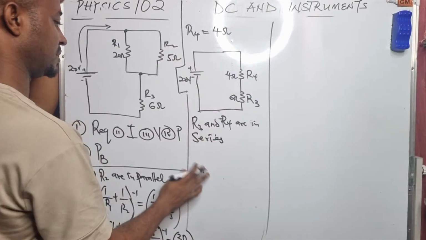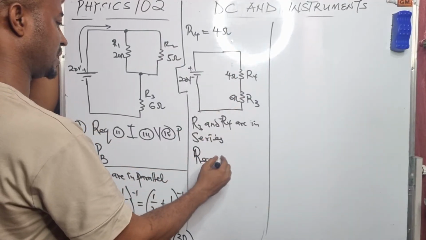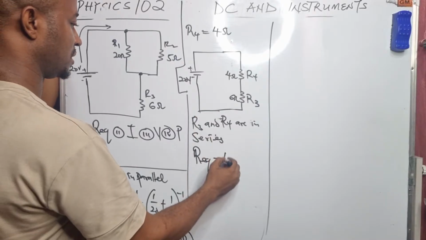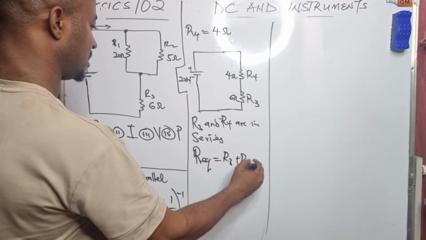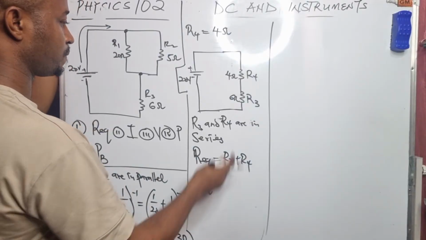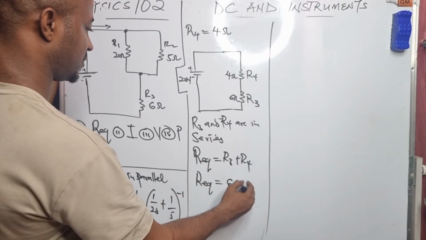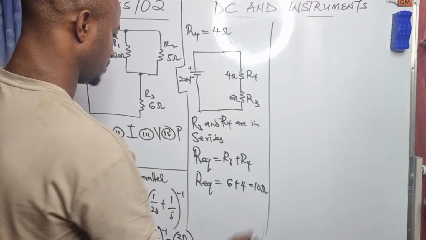By the time we combine them, that will give us RO equivalent, equal to R3 plus R4, the sum of these two, 6 plus 4, which equals 10 ohms.